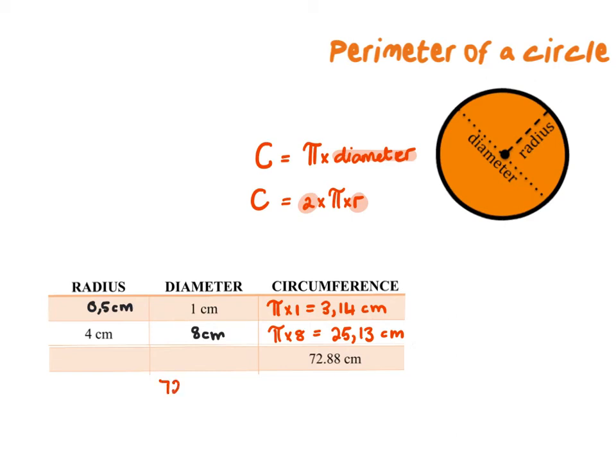So 72.88 divided by pi, I get a value of 23.198, which I can round off to 23.2. So let's just do the rounded off value in here, 23.2 centimeters. Half of that is my radius, and that will give me 11.6 centimeters.